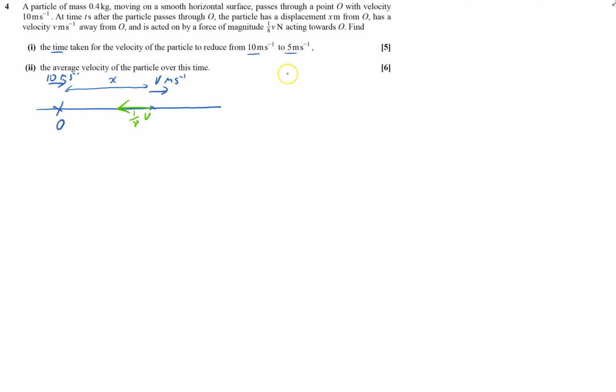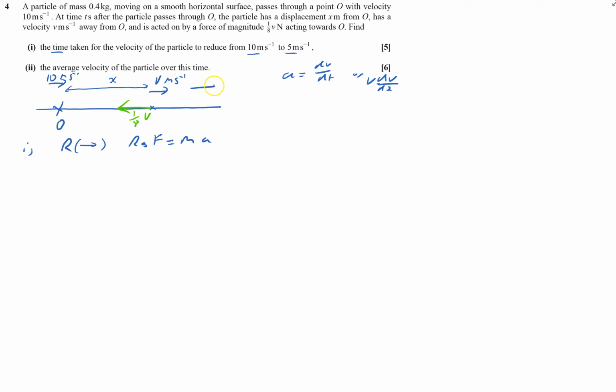Well, this is obviously going to be that a equals either dv by dt or v dv by dx. So it's going to be a differential equation type question. So for the first part, I'm going to resolve in that direction, because that's the way I'm going in, and I'm going to get resultant force equals mass times acceleration.